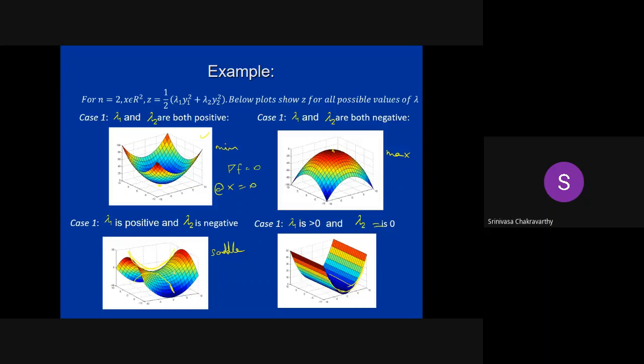It can be something in between, like a saddle. Or it can have even more weird cases where in some dimensions it is flat, and in some dimensions it could be increasing, some dimensions it could be decreasing. That is the most general case. Because in general, since H is a symmetric matrix, all the eigenvalues are real. So some can be positive, some can be negative, some can be 0. That's the most general case.